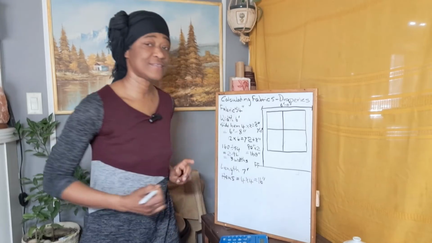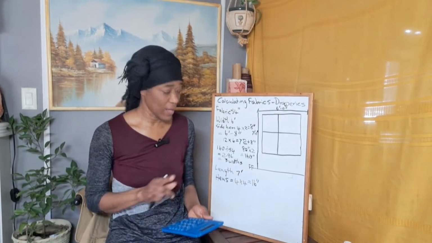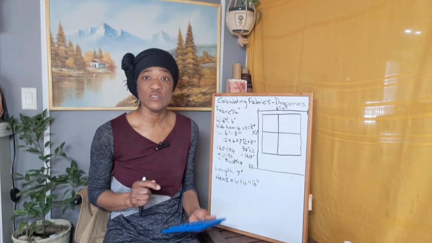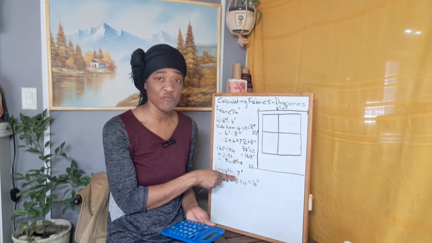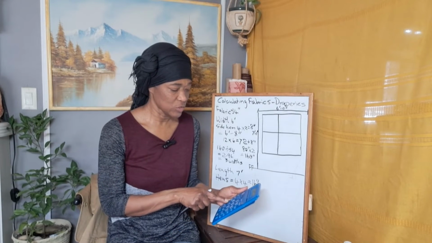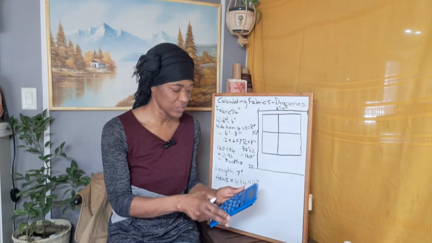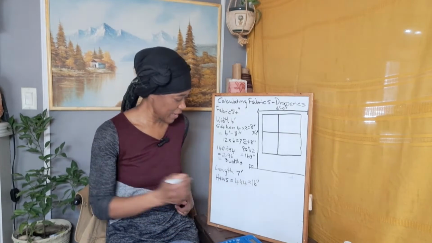And 4 fours are 16. So that's 16 inches. Our next step is to add 16 inches to 7 feet. But before we do that, let's convert our 7 feet to inches. So there are 12 inches in a foot. Therefore, we have 84 inches.